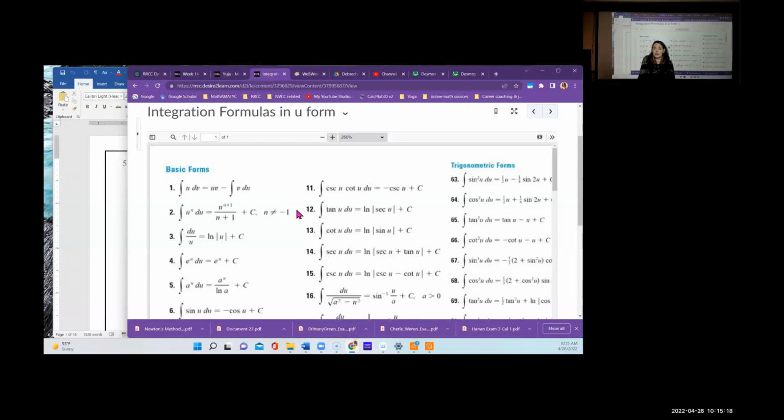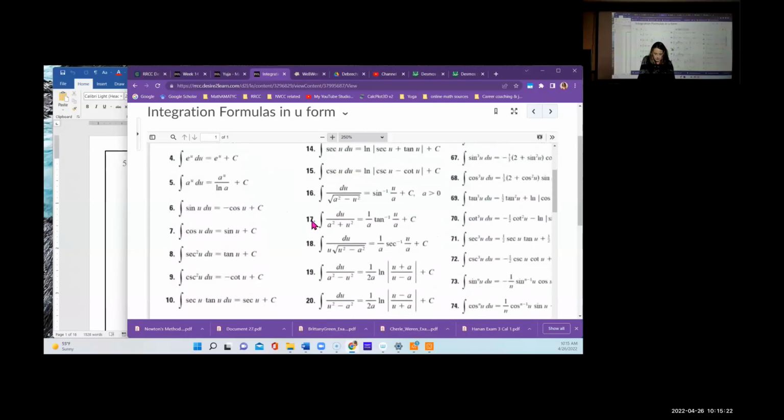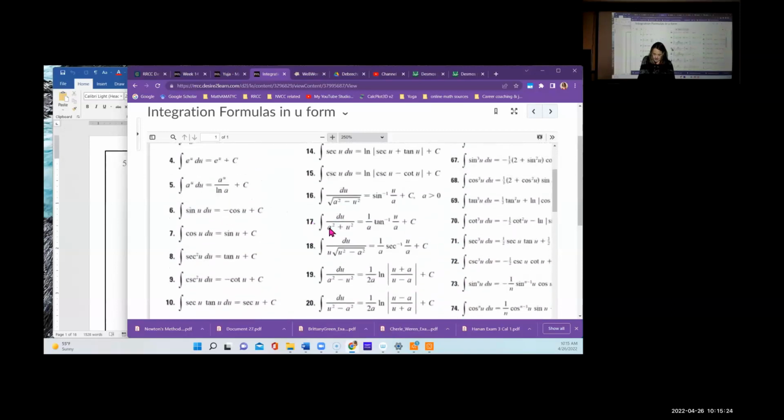When we get into section 5.7, we'll be using tables of formulas that come out of this section. It will in fact be these 3 right here: arcsine, arctangent, and arcsecant. And I'll go through how to use the formula that's here in the table and to convert it into the antiderivative that you see on the right.